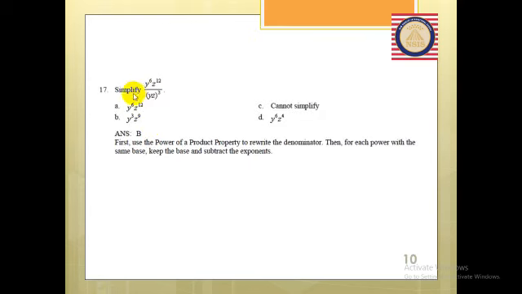Here I want to simplify. First, I must apply the power inside. So what I'm going to do? The y here will be to the power of 3, and the z here will be to the power of 3. Then what am I going to do with the powers? y to the power of 6 and below it y to the power of 3.